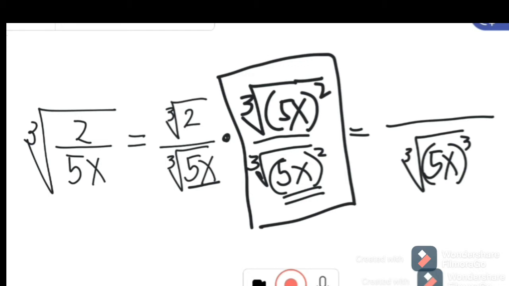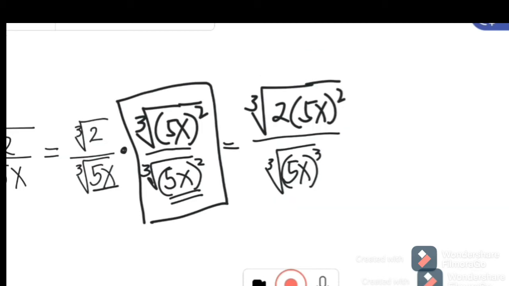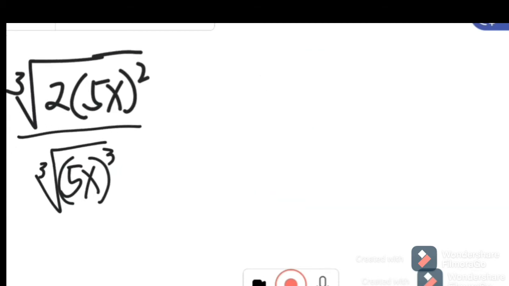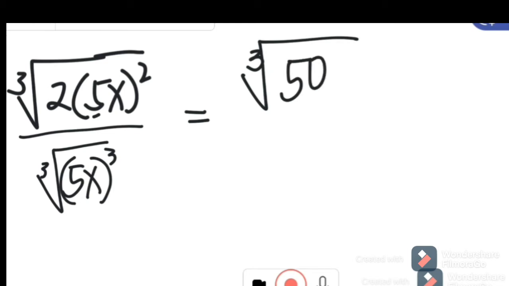Next, we have the numerator, the cube root of 2 times 5x squared. And then we simplify. This will now be the cube root of 5 squared, 25 times 2 is 50, and the variable x squared.